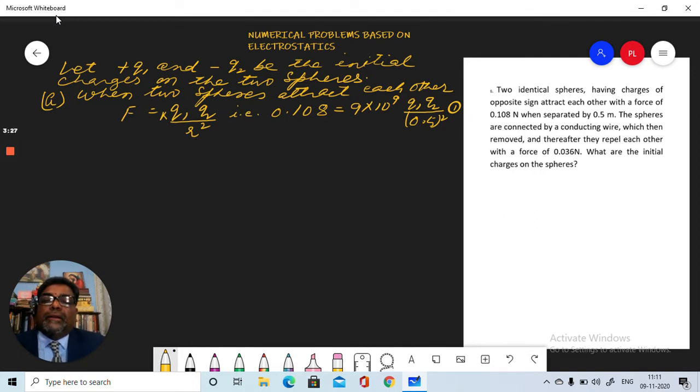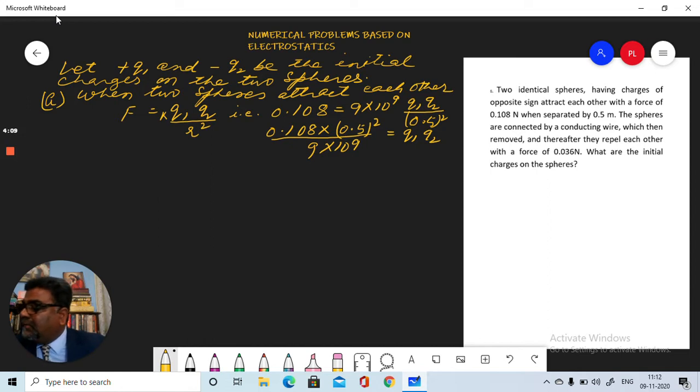Now if you calculate it further, solve it for Q1 and Q2. You solve it further here, then you get 0.108 into 0.5 square upon 9 into 10 raised to the power 9 is equal to Q1 Q2.